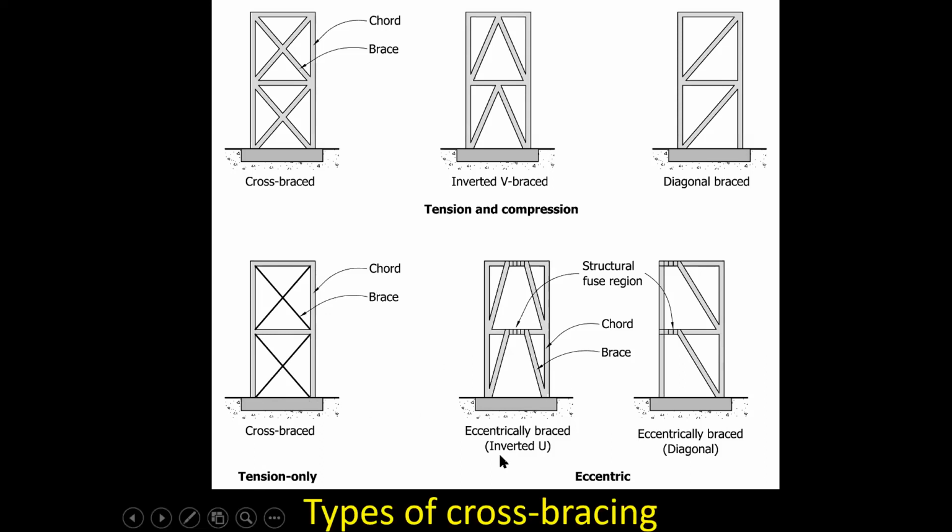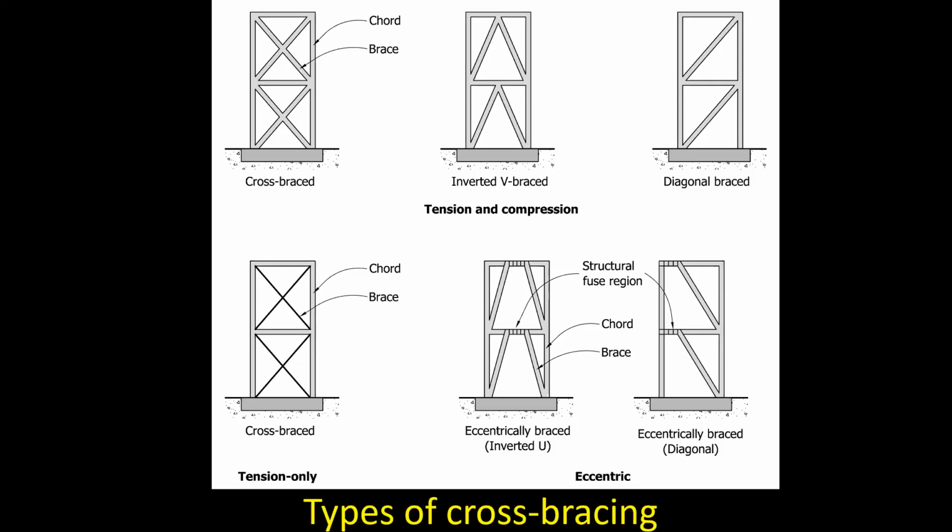And then finally, we can have special eccentric frames where we have these structural fuses that enable the frames to be very ductile, which is very good in earthquakes. So as the architect, you can choose what sort of frame you would like.